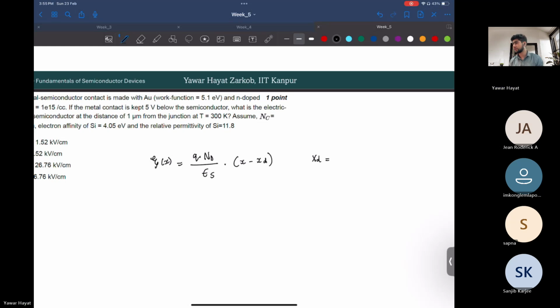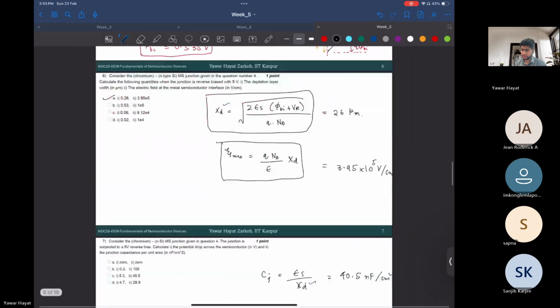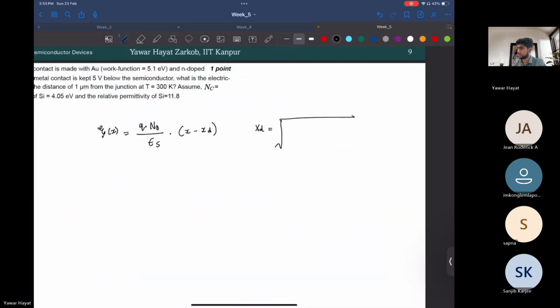What is xd? xd is square root of 2 epsilon s by q Nd times phi bi plus VR. I mean, minus V in general, right?